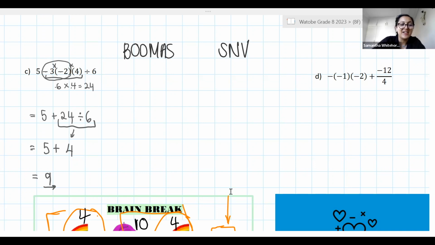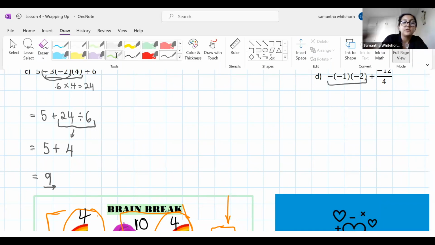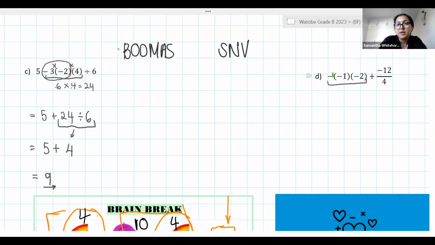Okay, right, so guys, let's have a look at how we get our answer here. Again, identify your multiplication or division. Here's all our multiplication. Now remember, there's this random little negative sitting outside my bracket, but we need to remember we do actually have a ghost 1 there. And so what this is actually saying is -1 times -1 times -2.